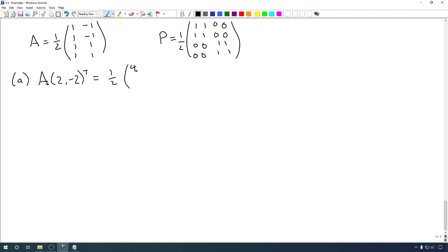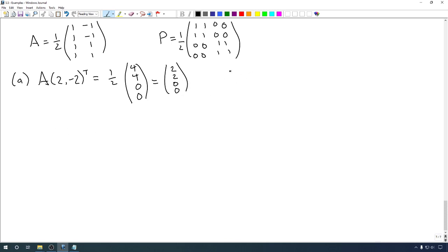We have another 2 plus 2 will give us another 4. Then we have 2 minus 2, so we have a 0 and a 0. So let me make this a little nicer. This will be 2, 2, 0, 0.